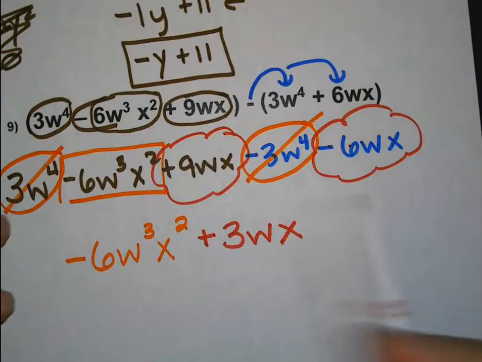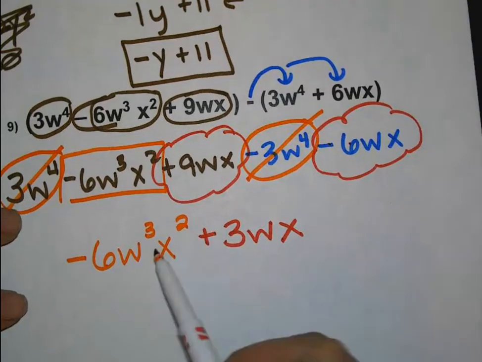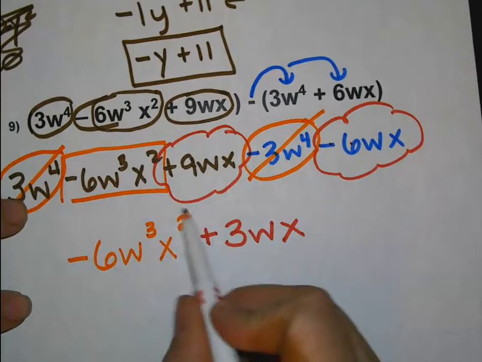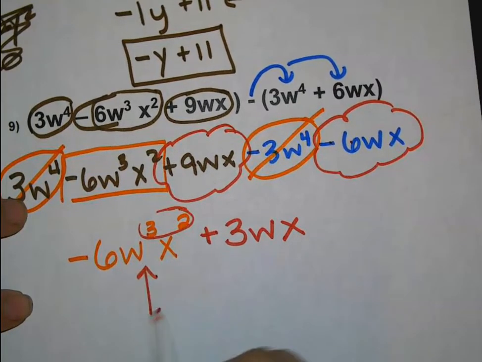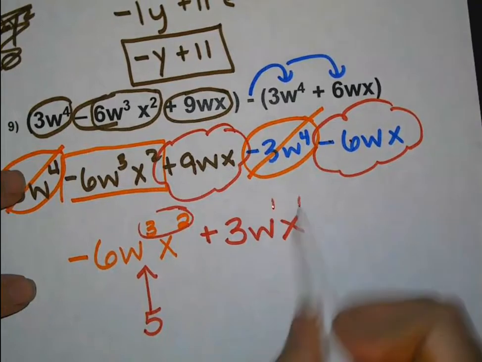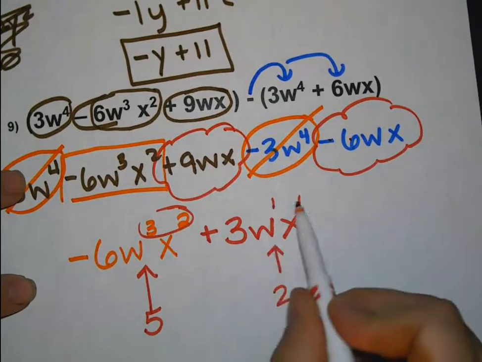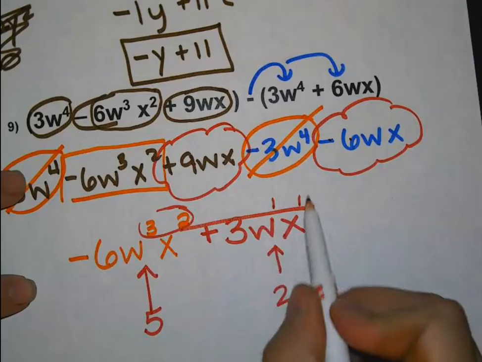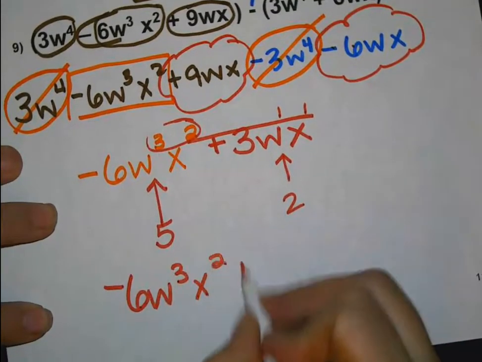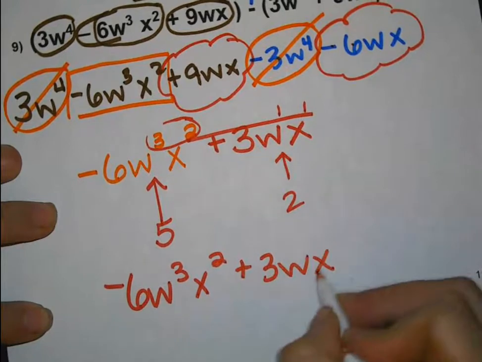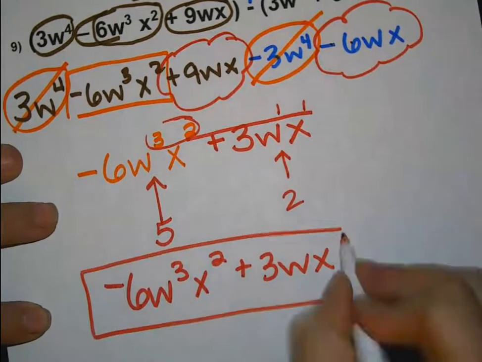So since they both have w's and x's, how do I know which one goes first? I add these two together. 3 plus 2, this would add to 5. Whereas this one adds to 2 when you add the exponents. So that, whoops, let me rewrite the answer. So that is how I know that this is already in the correct order that I had it. So this would be the answer.